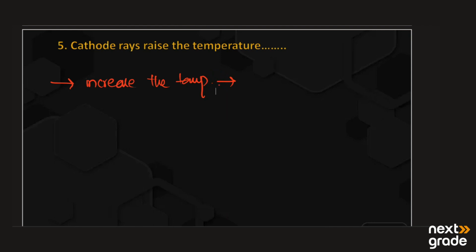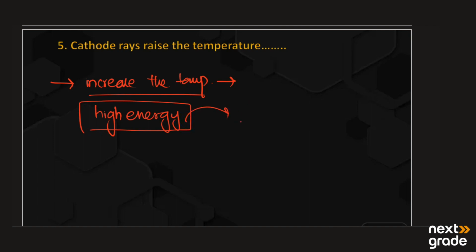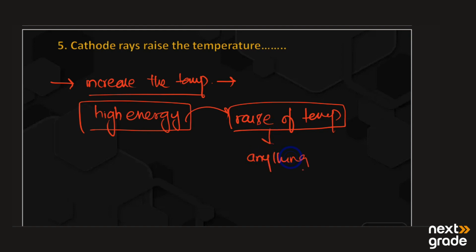When we talk about canal rays, they have high energy, and this high energy is responsible for the raise in temperature of bodies. So anything on which the canal rays fall, its temperature is going to increase. This is the reason: they are high energy particles.